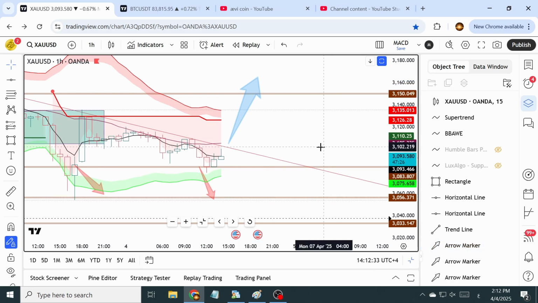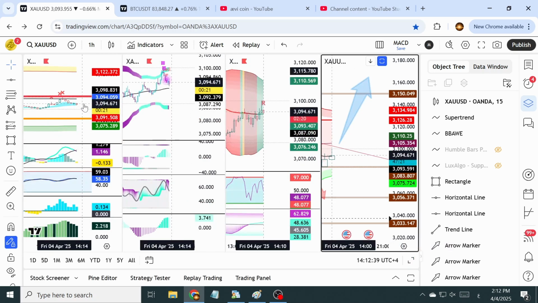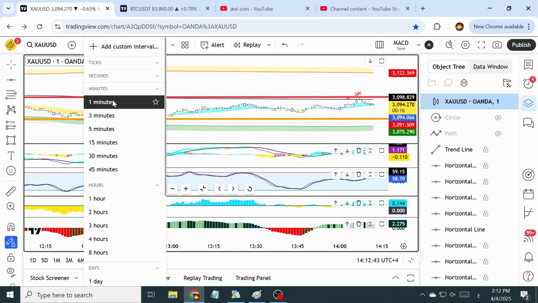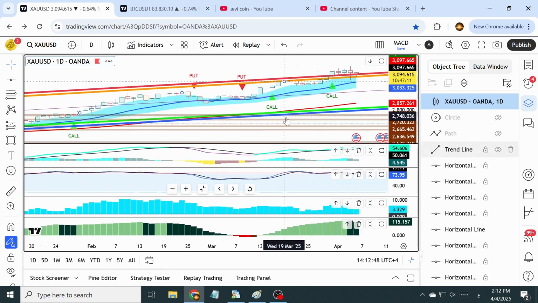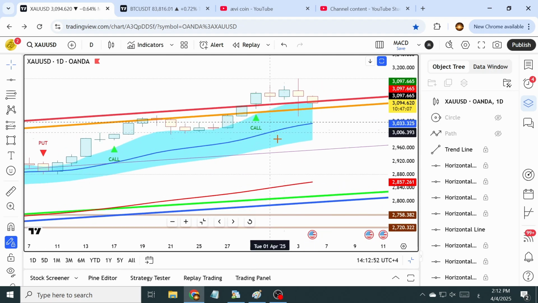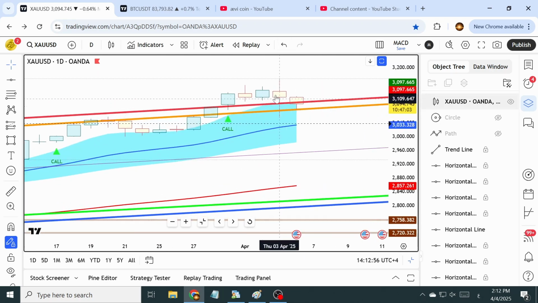Regarding the other chart, as I explained in my previous report yesterday, I was expecting this candle to close in red and break this support, which is 3,114.